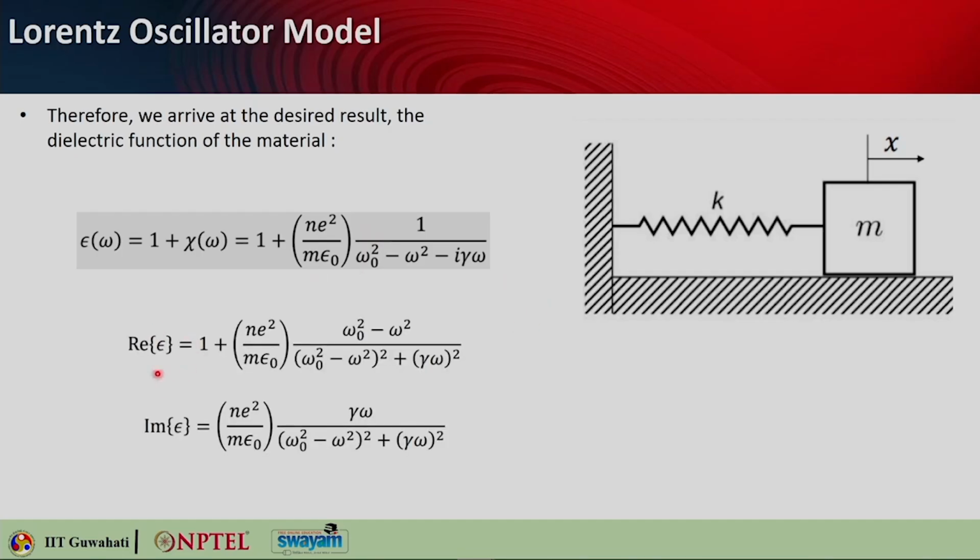From this you can obtain the real part of the permittivity. There is an imaginary part here, so if you take the conjugate and multiply it on top and bottom, numerator and denominator, you can get the denominator completely real and then separate out the two parts. So, with a bit of algebra here, you will be able to find the real and imaginary part of the permittivity.